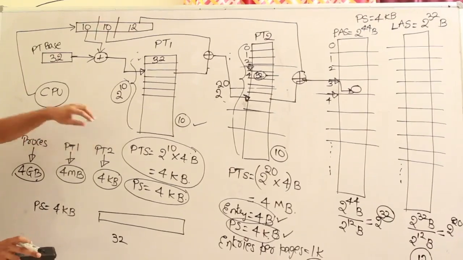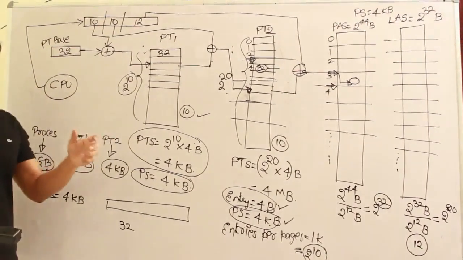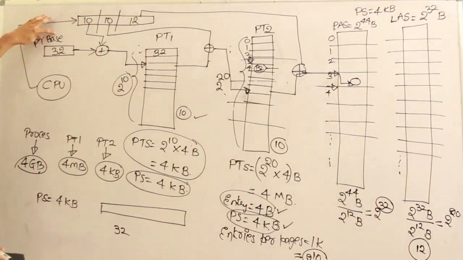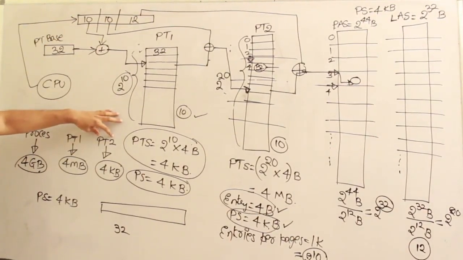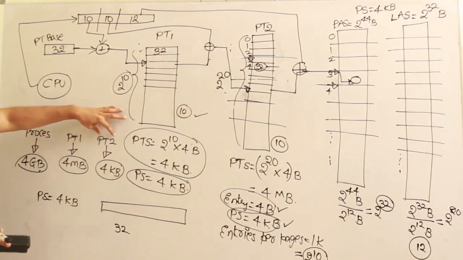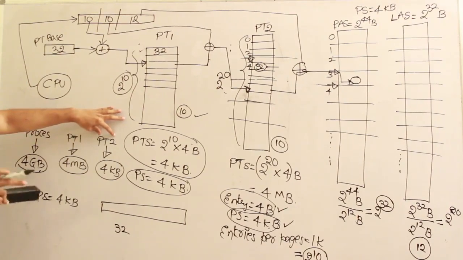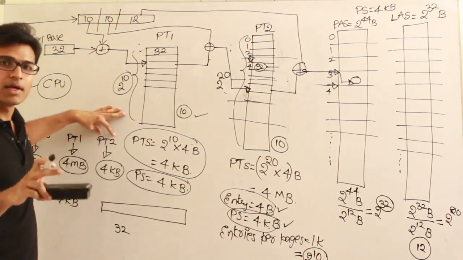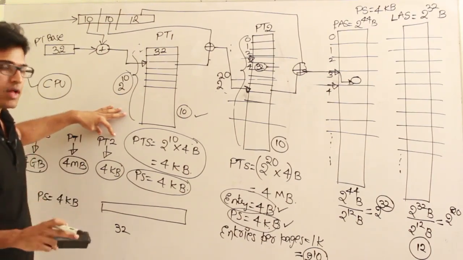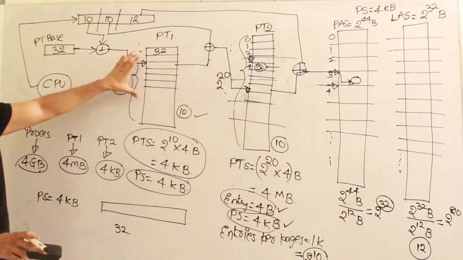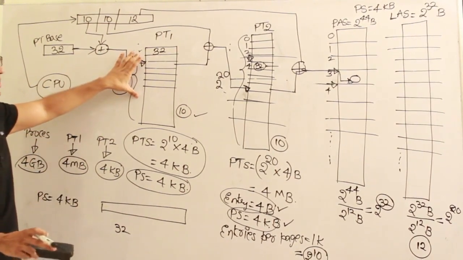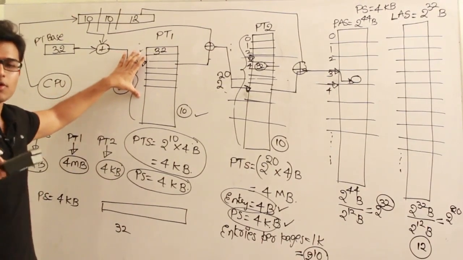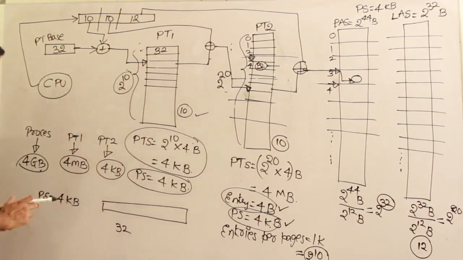Whenever a process is loaded, from the context of the process we can get the page table base. Once we know the page table base, we know the frame in which the outermost page table is present. Now we'll go into that frame, and in that frame we have to go to the particular page table entry. Here it turned out that the outermost page table contains 2 power 10 entries in one frame or in one page. In order to identify one of the entries, I wanted 10 bits.